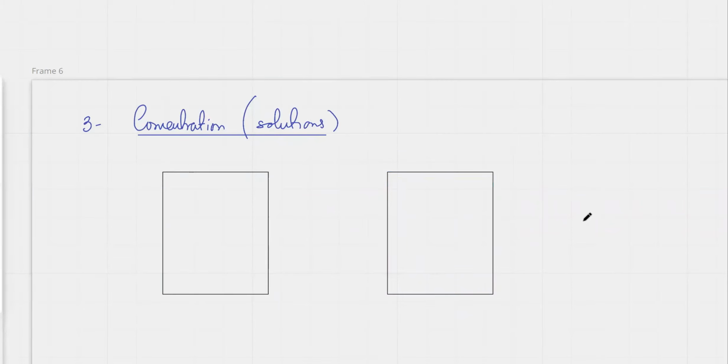So let's say this is the first one, and there are 3 particles of substance X and 3 particles of substance Y. So X and Y are going to react with each other. They're going to bump into each other, and that would lead to a reaction. Here's another container, and this container is a lot more concentrated.